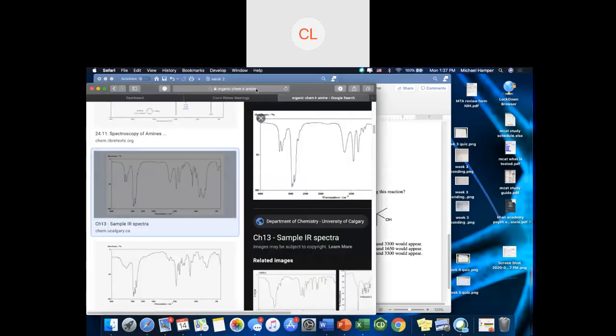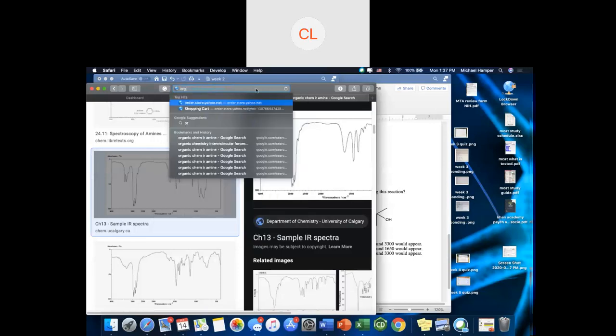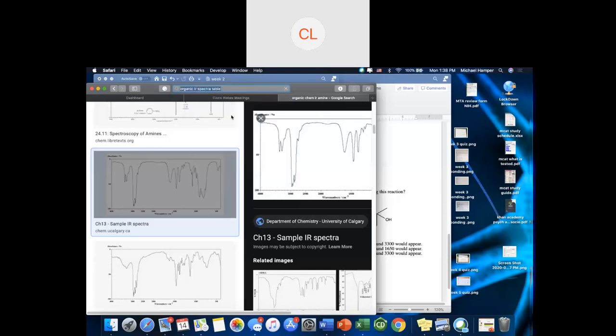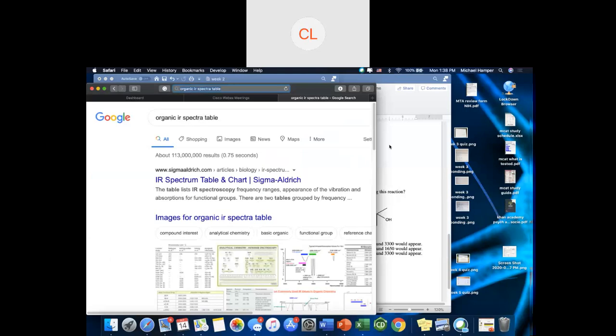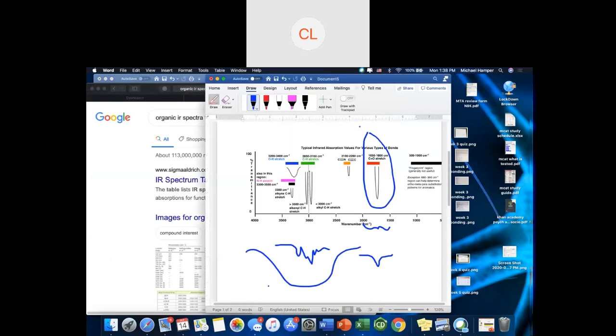It's going to give you the group and the range where you would expect to see it. It's definitely not going to show you the shape. That's why I showed you this simple diagram that shows you the main ones.